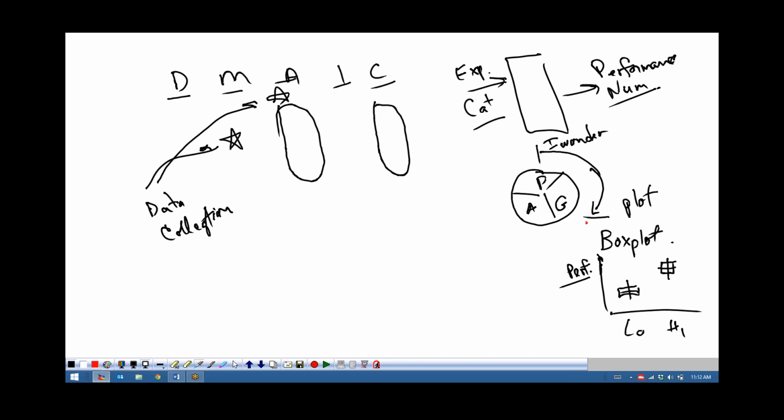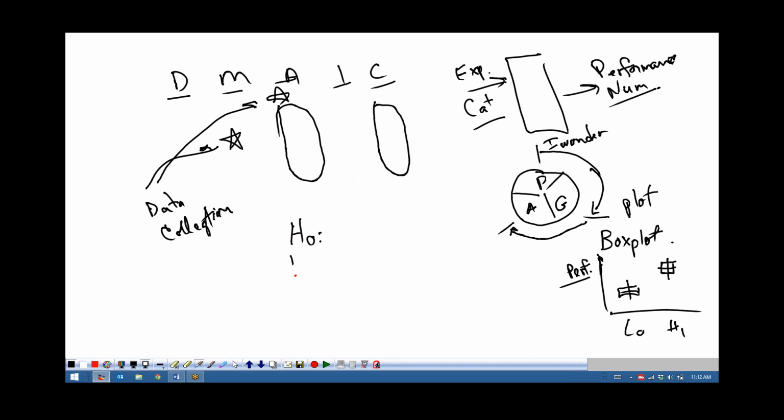But I don't just stop there. I might run a hypothesis test to see if I can prove that, right? So in this one, I would write my hypothesis test. Let's suppose I wanted to test average performance, okay?